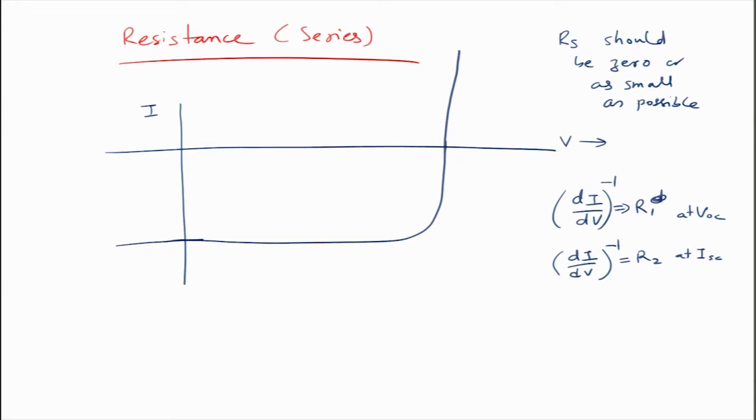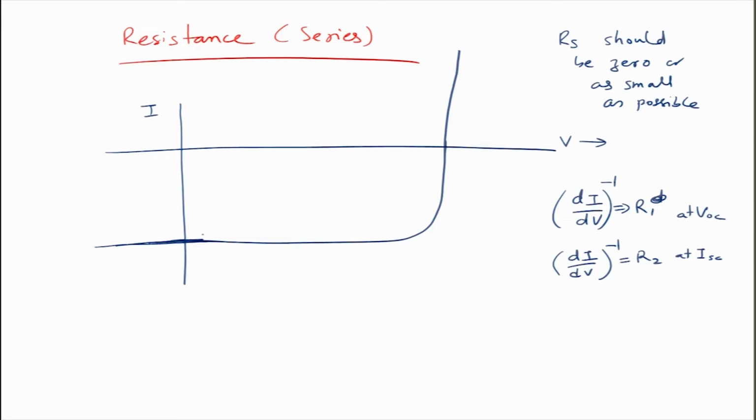So, you can see that, as we have said, our ideal curve should be as squarish as possible, which means the current should be nearly flat at ISC and the voltage variation should be nearly vertical at VOC.